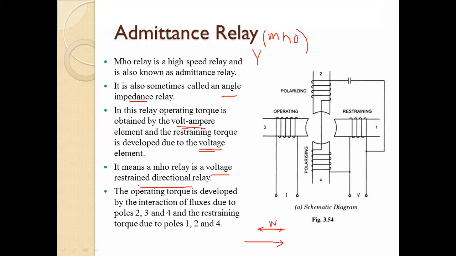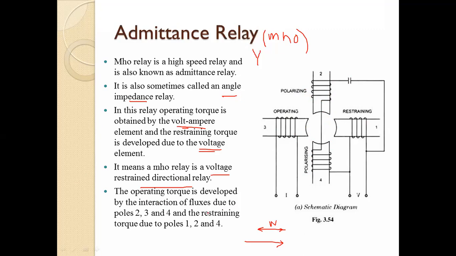Now, the operating torque is developed by interaction of fluxes. So here again, the same construction is used, that is the induction cup type of structure. Here we are considering again two polarizing coils, which are connected in series. One is the operating coil and another is the restraining coil.